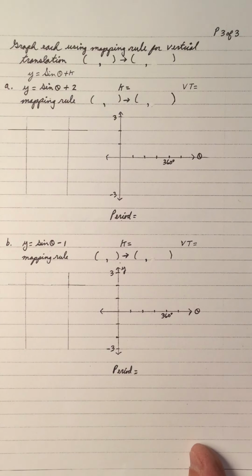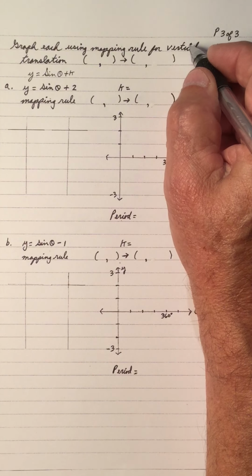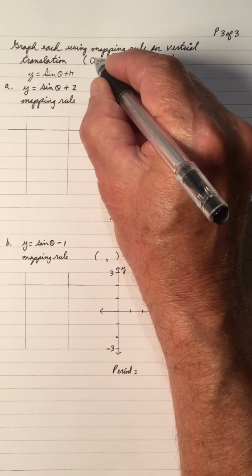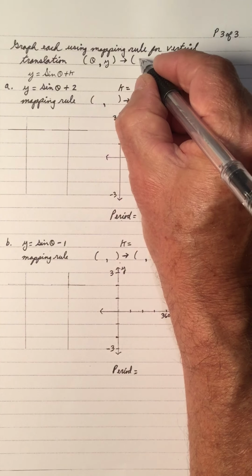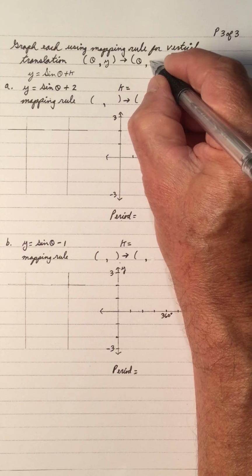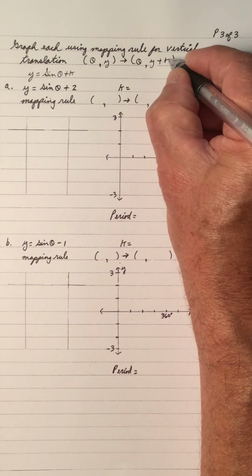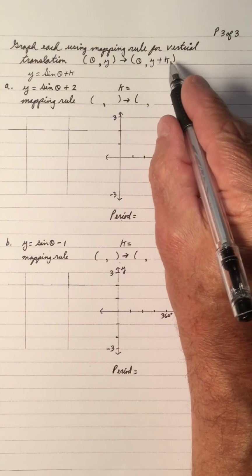So let's graph a couple of equations. Graph each using the mapping rule for vertical translation. So theta, comma, y. The vertical translation doesn't change the angle, and it's y plus k.